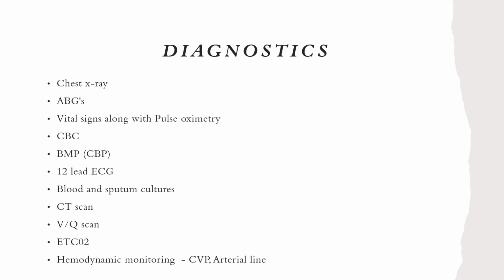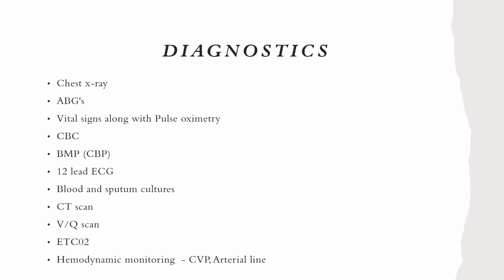CBCs are helpful. They can tell us if we have an increased white blood cell count. Is there an infection going on? Is there any abnormal hemoglobin, changes in our hemoglobin? BMP readings or CMPs can tell us if there are any electrolytes that may be off. 12-lead EKGs are important, always good to rule out anything cardiac going on.